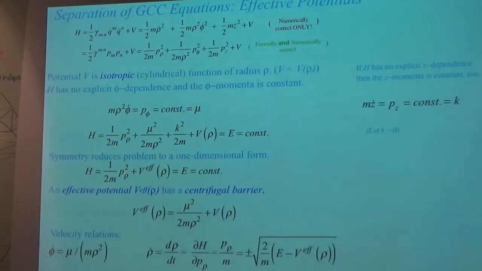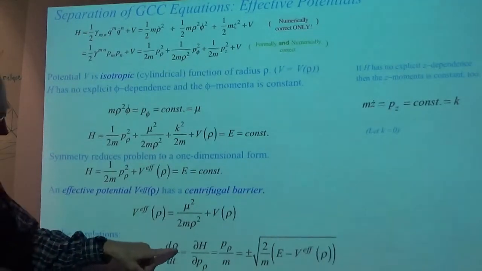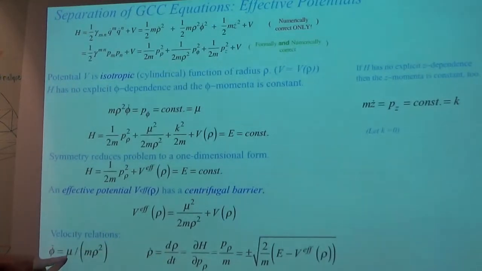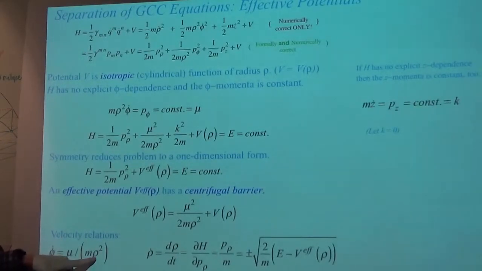So what we're going to be doing is looking at, first of all, how phi dot, the angular velocity in the plane, behaves as the radial variable rho changes. You can see that as rho gets small, this is mu over rho squared times the mass, the angular velocity has to increase as the inverse square of the radial distance.